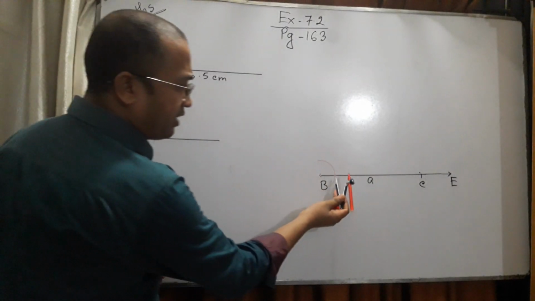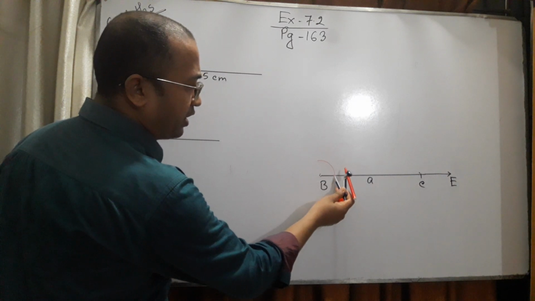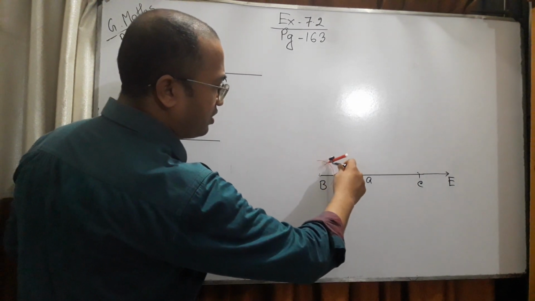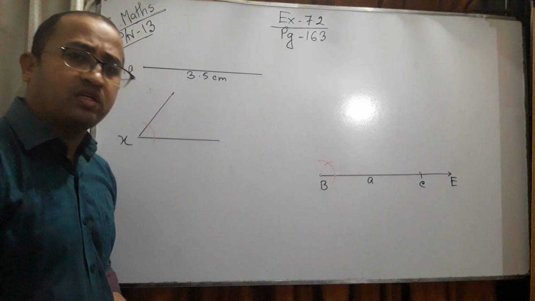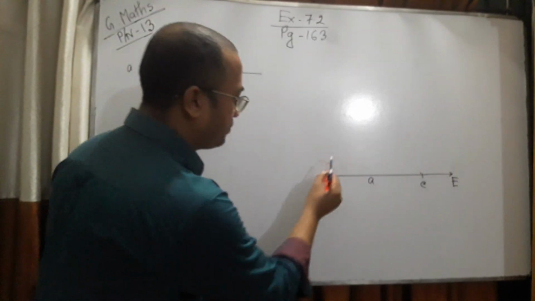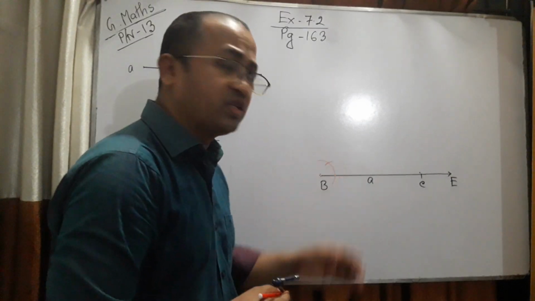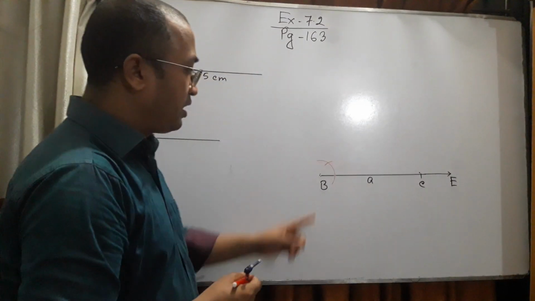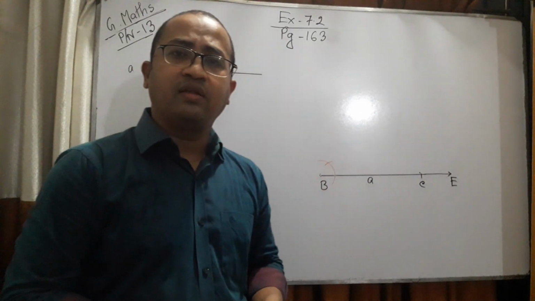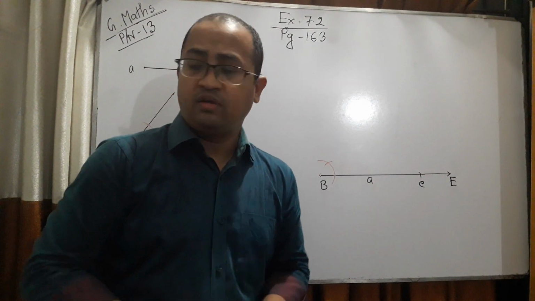Okay. Again, we center with this point and with that radius, we draw an arc which cuts the previous arc at a point. Again, I mention that there is no need to write any letter over there. Now, join these two points, you will get the required angle.